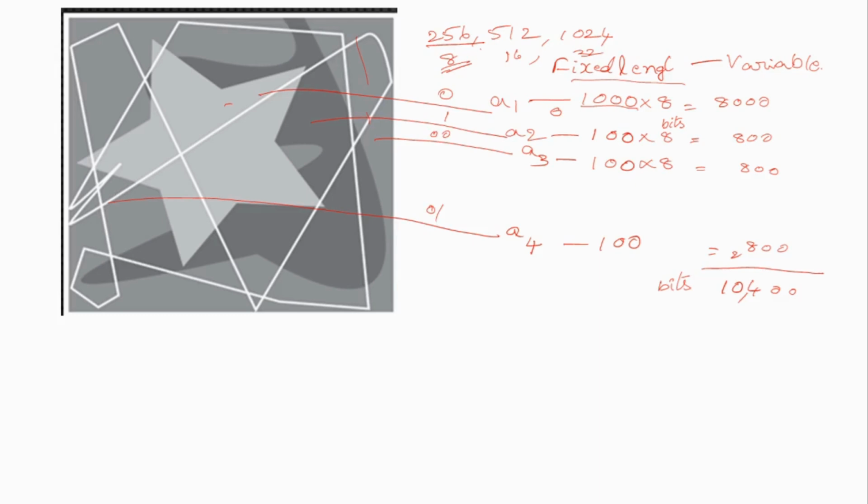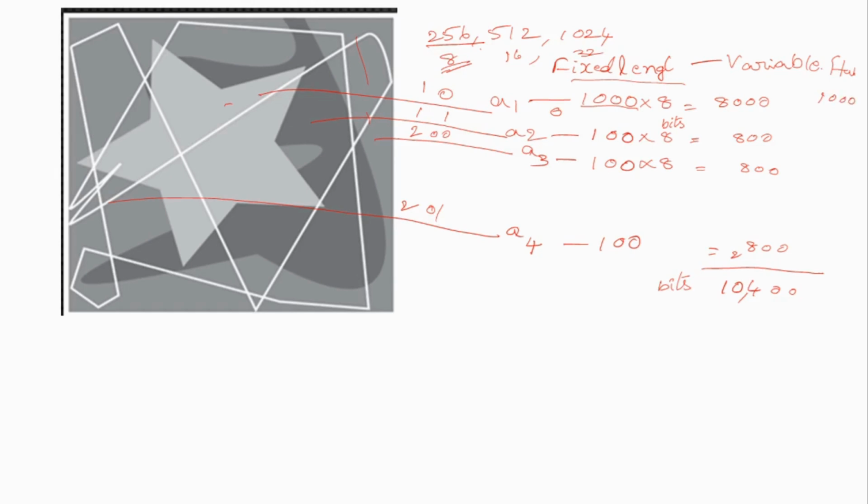Then to represent these pixels, A1 requires 1 bit, that is 0, A2 also requires 1 bit, and A3 and A4 require 2 bits each. So the number of bits required in Huffman coding, that is variable length coding: for A1, there are 1000 pixels, 1000 into 1, so only 1000 bits are required.